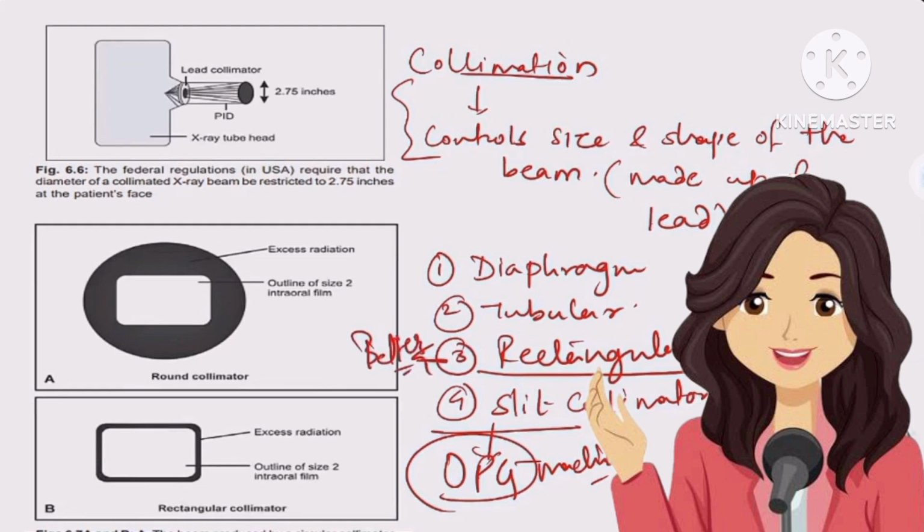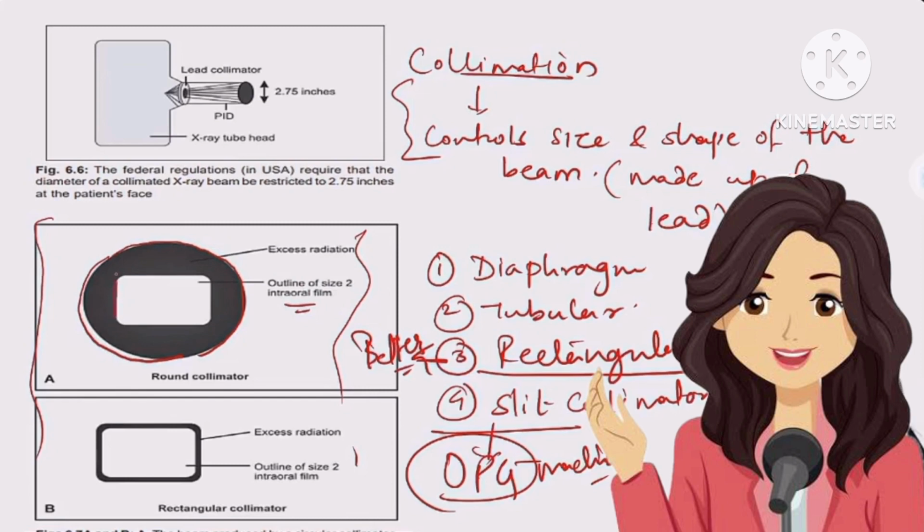Why? As you look at this illustration, what is there? This round is the collimator shape. And the film that we use is the size 2 IOPA film.